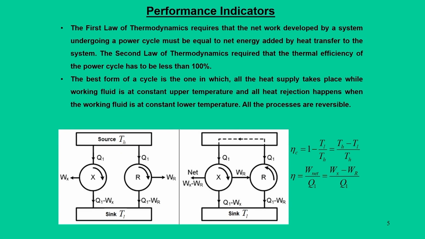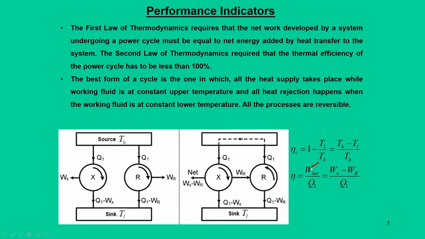Now, let us try to understand what this W net is. So, in this Carnot cycle, we say that it is the net work output that gets out of the system. Now, here I am just explaining how that net work comes into the picture. Normally when an engine is operated, the ideal component would be a turbine that produces the net work output.